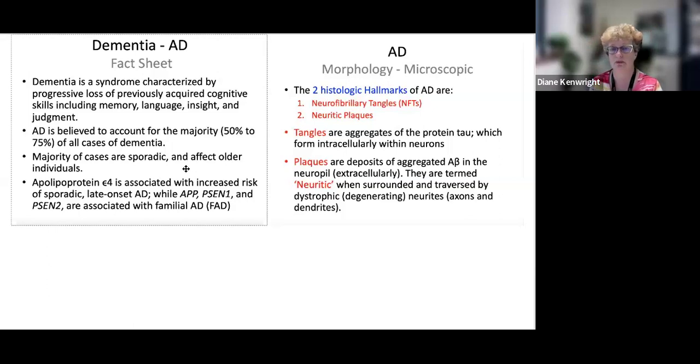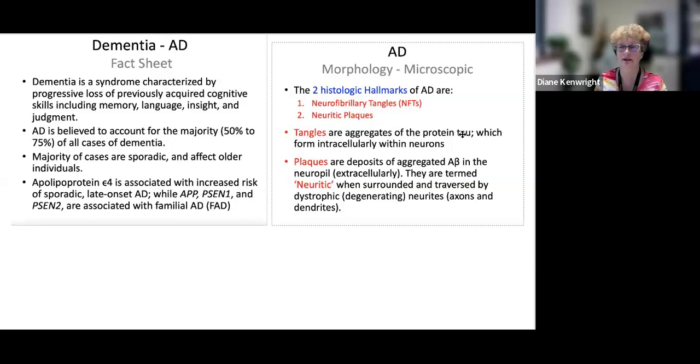All right, so people get confused about what are neurofibrillary tangles and what are neuritic plaques. Okay, so we're going to go through this a couple of times in different ways to see if you get it, but tangles are associated with tau in the tail of the neuron, okay? Inside the neuron. Tangles, tau, tail of the neuron.